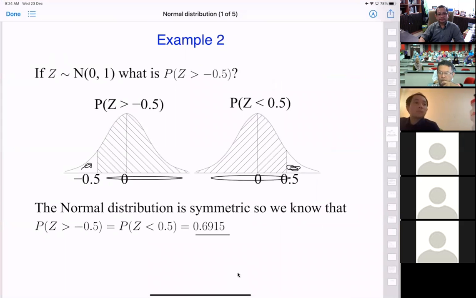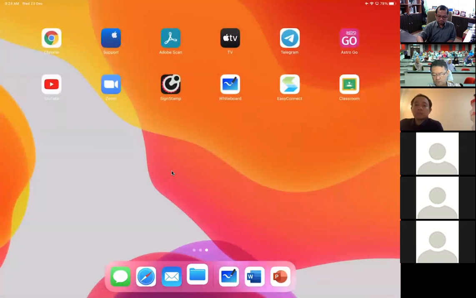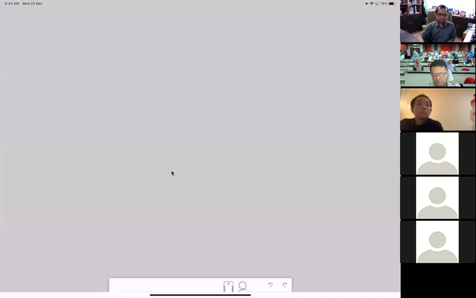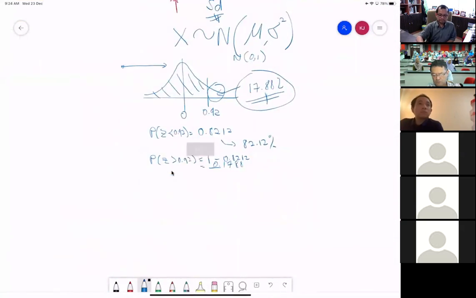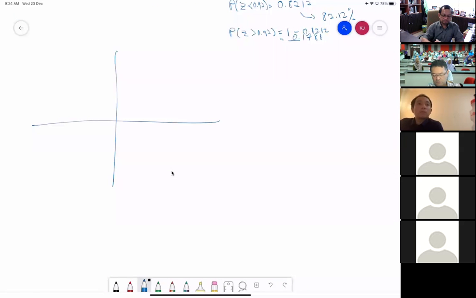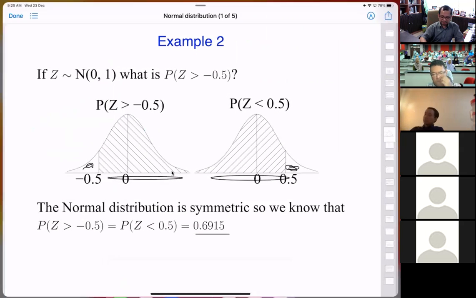This one, when we have normal distribution 0, 1, we want to know the probability it is greater than minus 0.5. Minus 0.5 is here, greater than here.